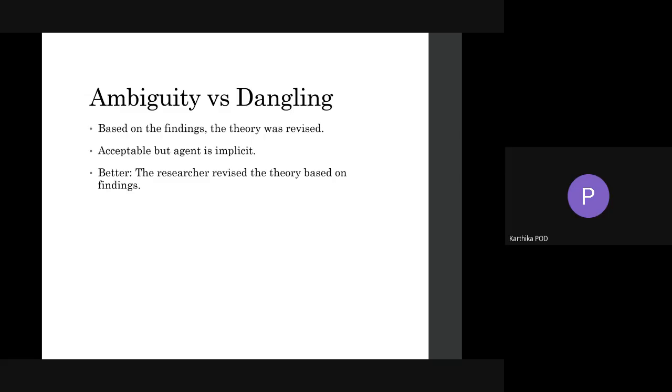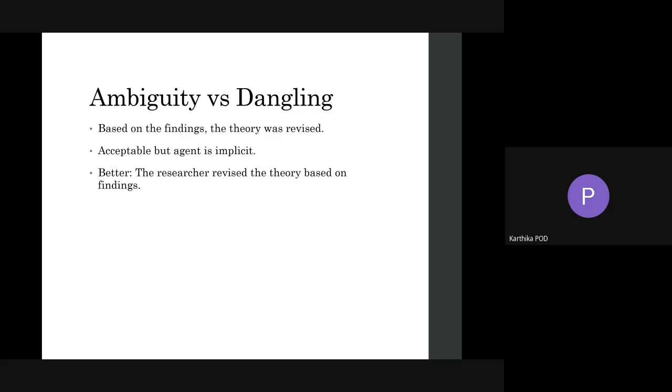So, there is something called ambiguity and dangling. Dangling is when you miss the subject, right? So let's look at this. Based on the findings, the theory was revised.